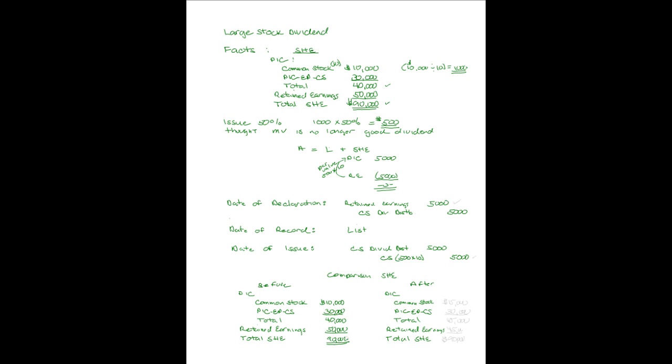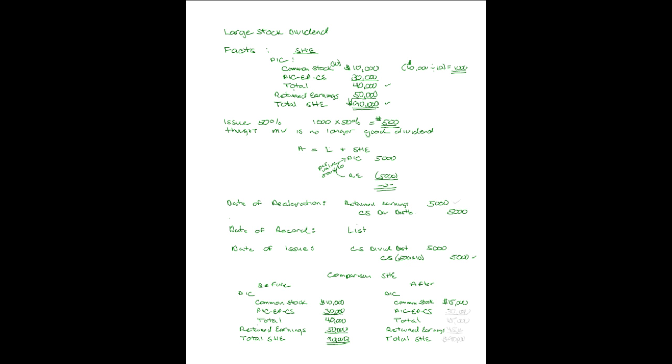If this went right, you should see par value being capitalized out of retained earnings and into the paid-in capital section. Common stock for 10,000 plus 5 will leave common stock at 15,000.